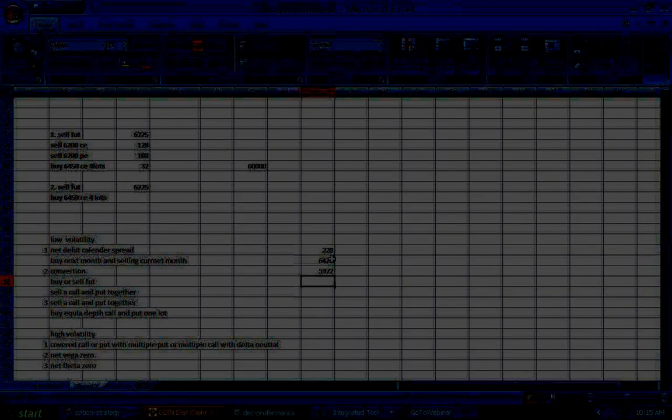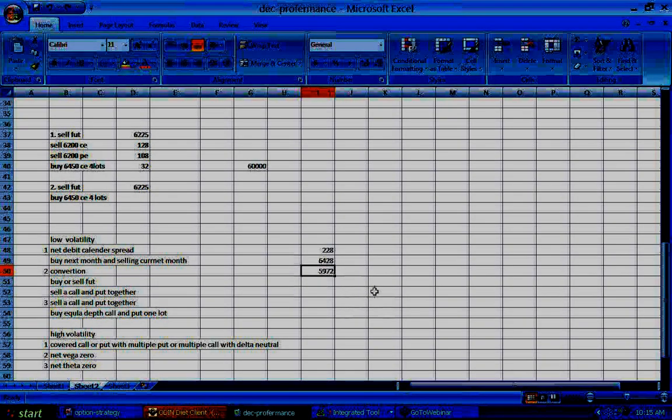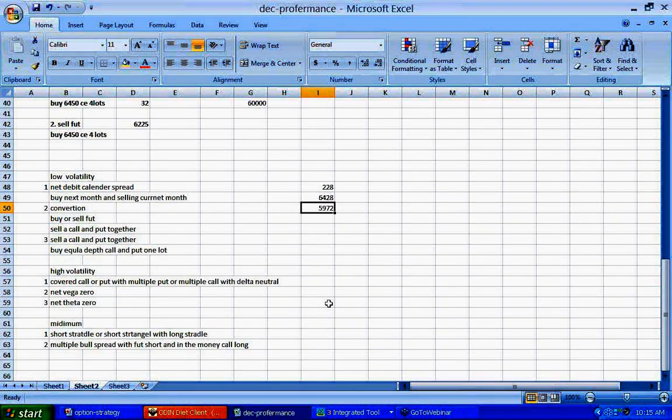If it is oscillating in this band of 6,428 to 5,972, you will be at a profit. So this also in low volatile condition you can do.